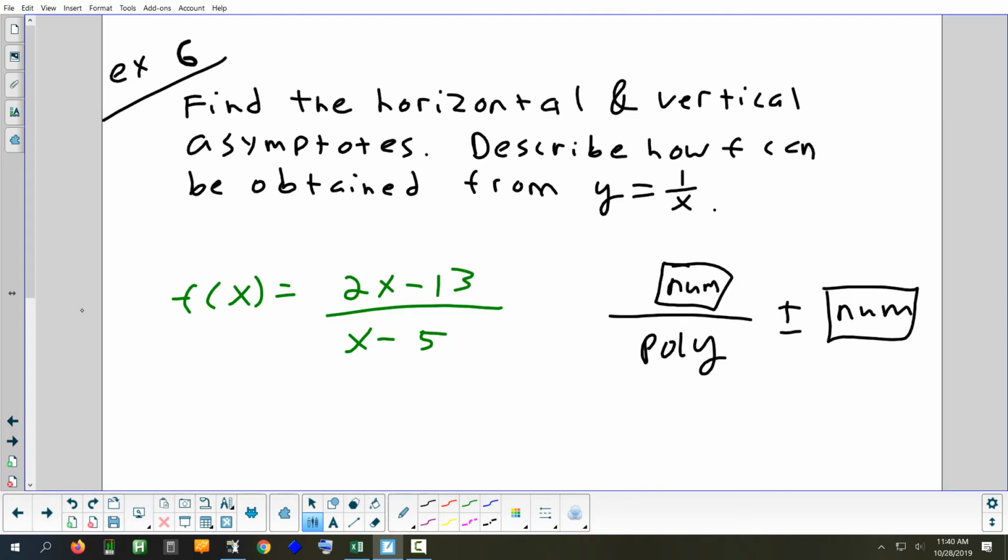So the way we fix this one is you have to do out the division. Actually divide this into that. And then we're basically going to write our answer as quotient over original denominator plus remainder.